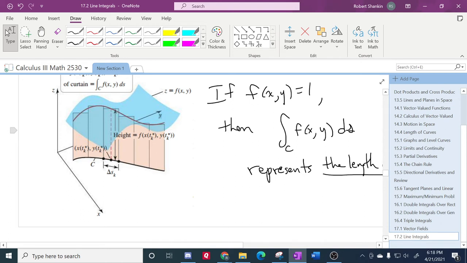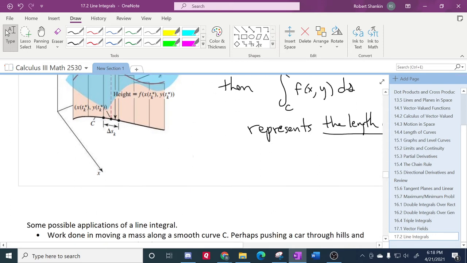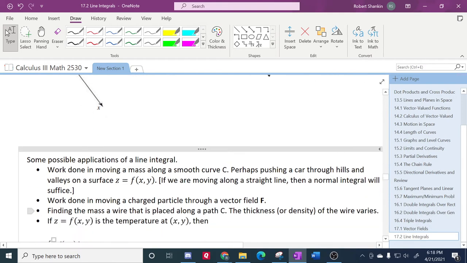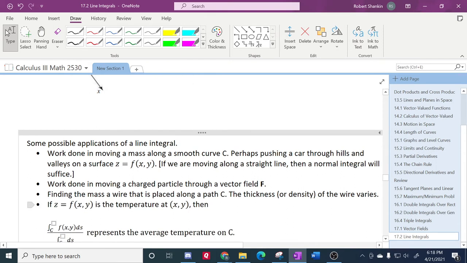Or maybe it's made out of a more dense material right over here, and a less dense material, and so on. Okay, so there's another application. Not a very practical one, but it's the kind of one you might see in a textbook because it's a doable problem. You don't really need to know masses of wires like that.